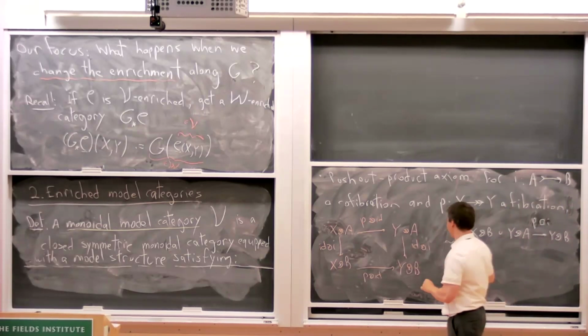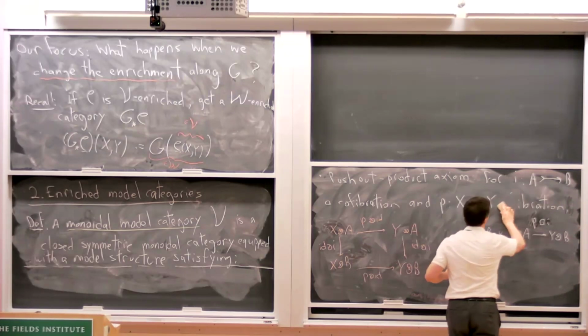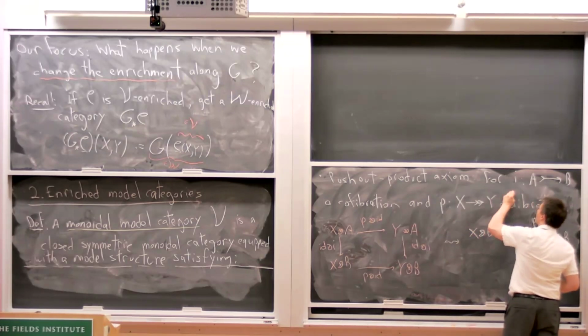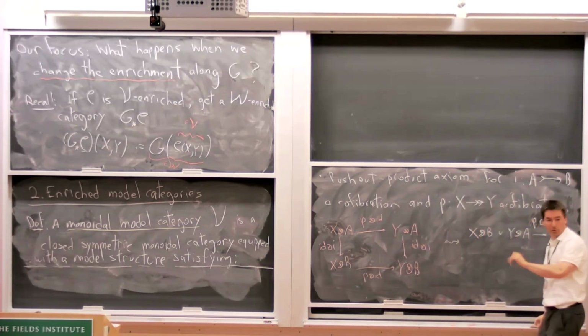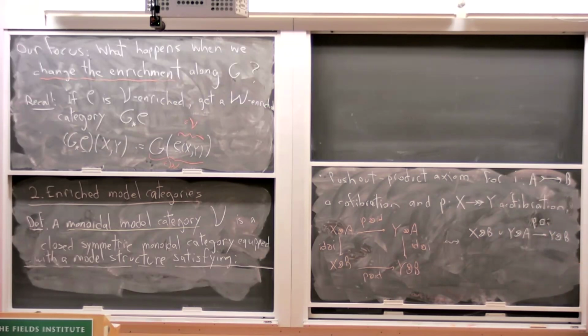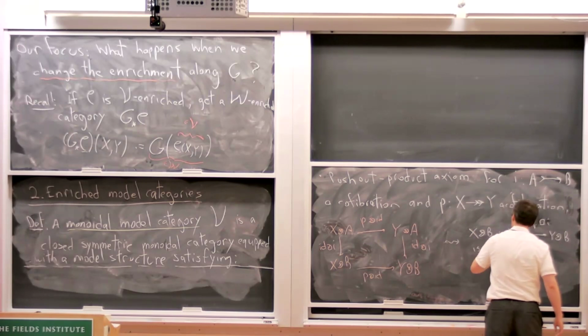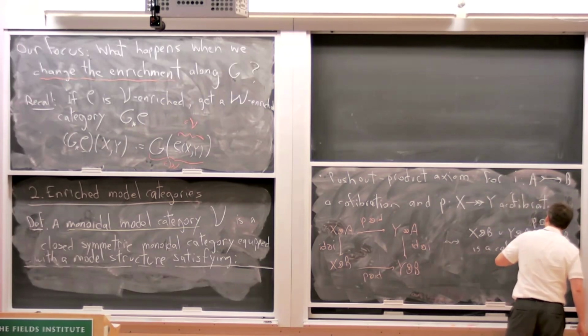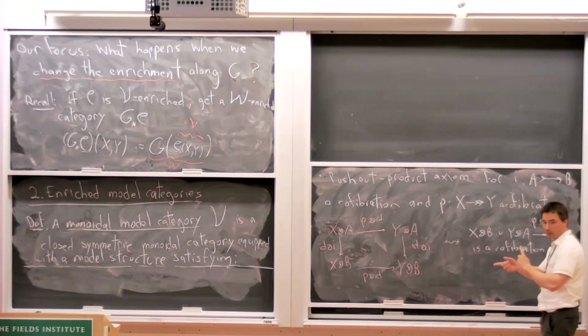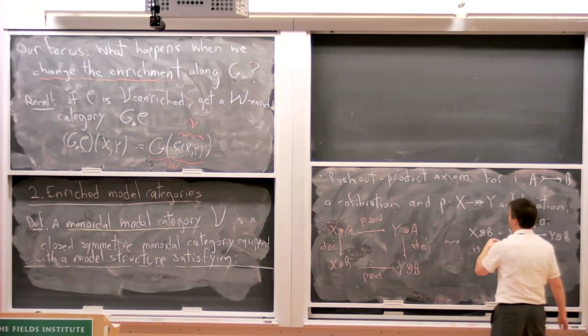I'll give some equivalent conditions. In this version, both are cofibrations. They both have the same variance, and I want that to be a cofibration. Basically, if either, yeah, so P is horrible notation.